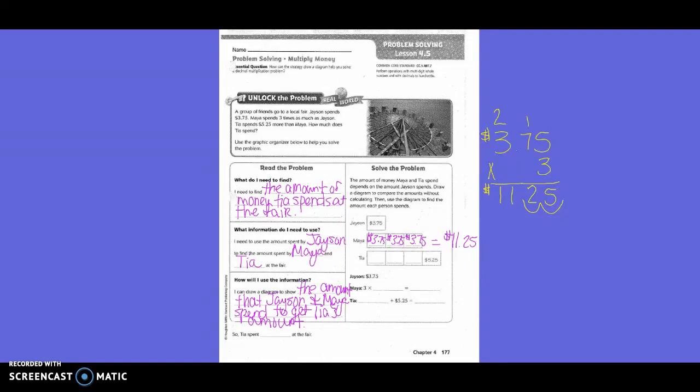So what needs to go in each box for Tia? 375, right? And then we found that 3 times 375 got us what?